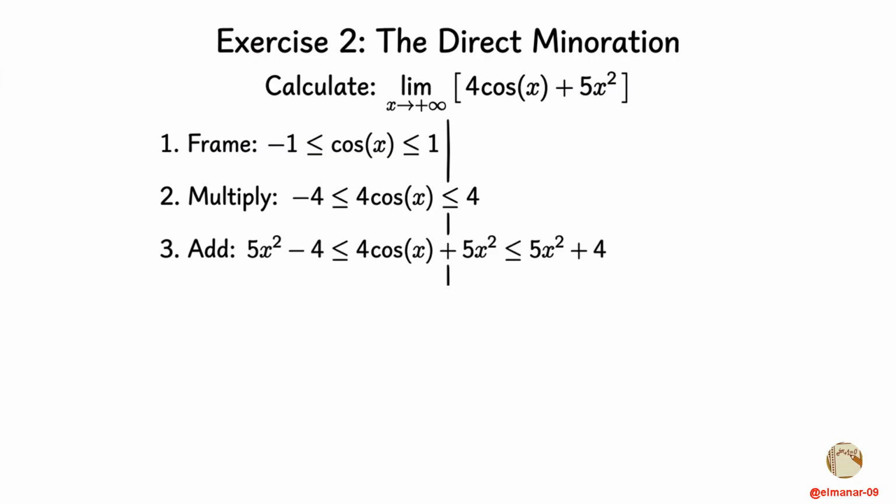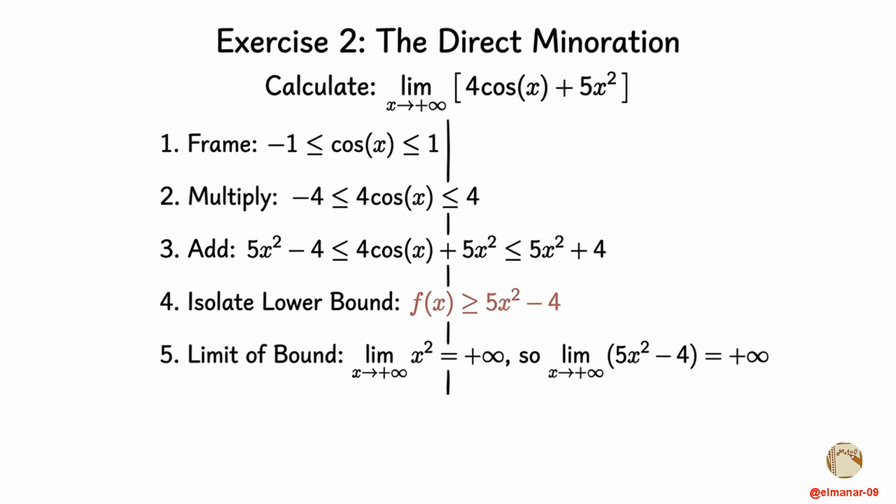3. Add. Add 5x squared to all parts to get 5x squared minus 4 on the left and 5x squared plus 4 on the right. 4. Isolate. We only need the lower bound. F of x is greater than or equal to 5x squared minus 4. 5. Limit.